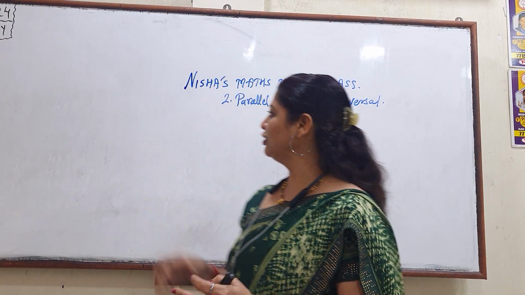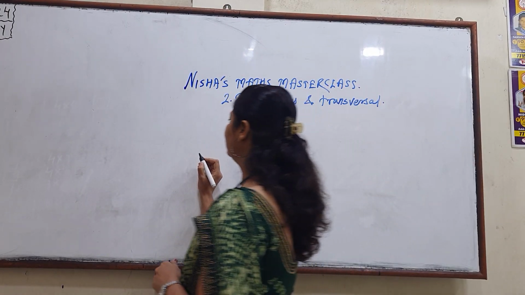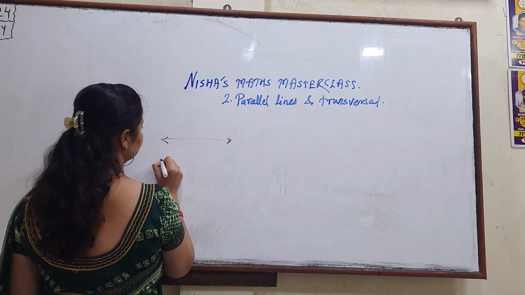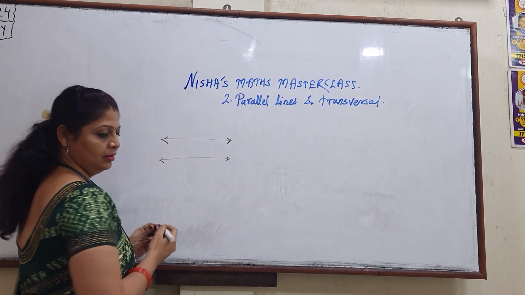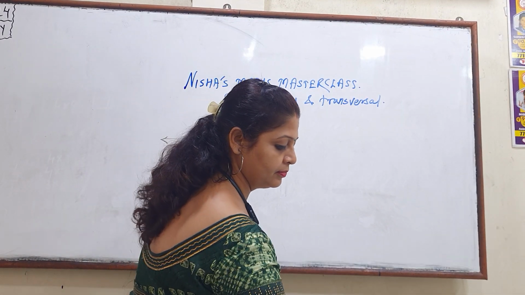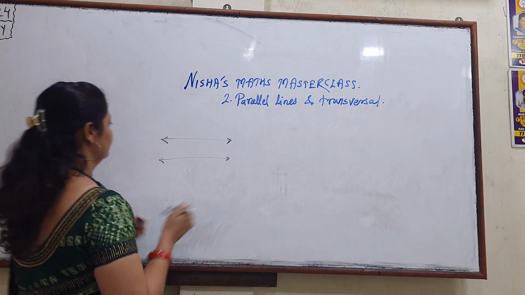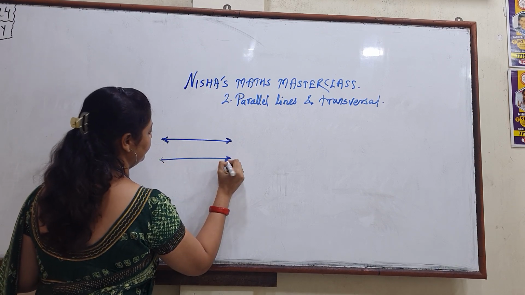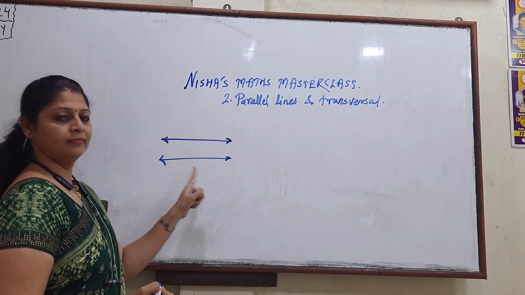Okay, now I draw on the board, everyone pay attention. See children, two lines are there. It is called parallel lines.